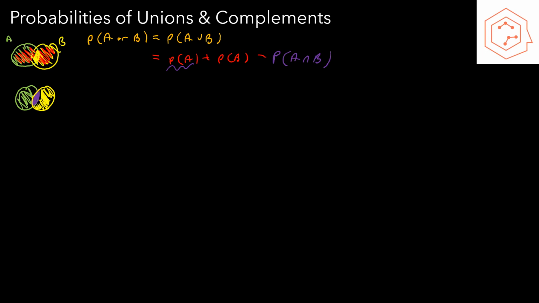So as an example, from the last page, we had A equal to even numbers, so 2, 4, or 6, and B equal to 1 or 2.